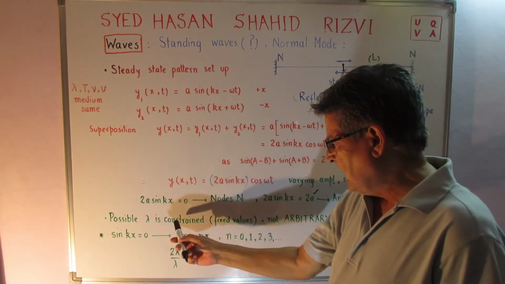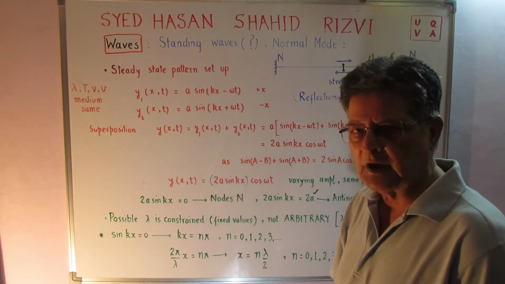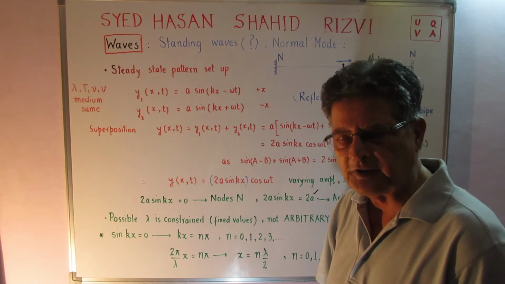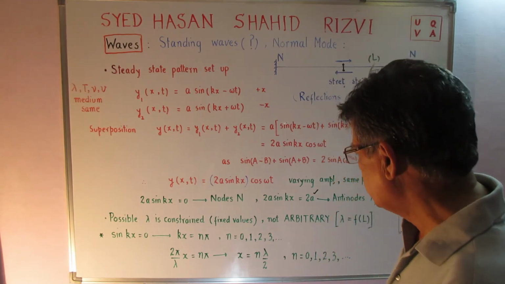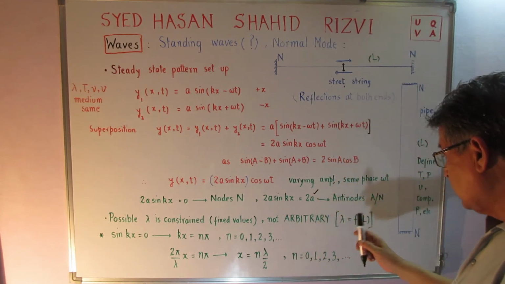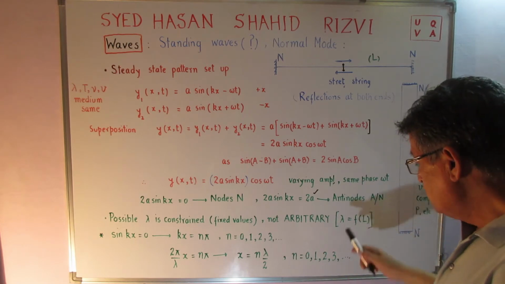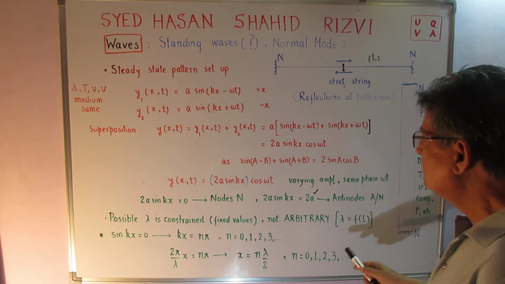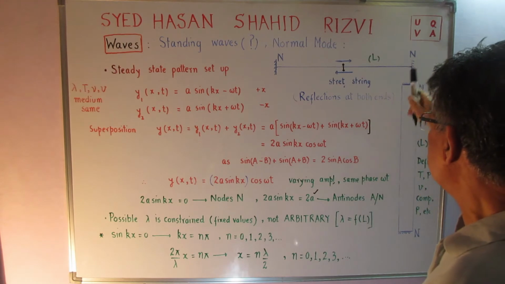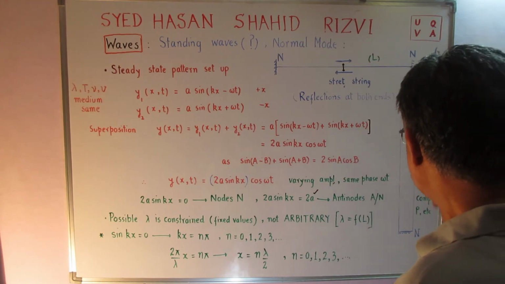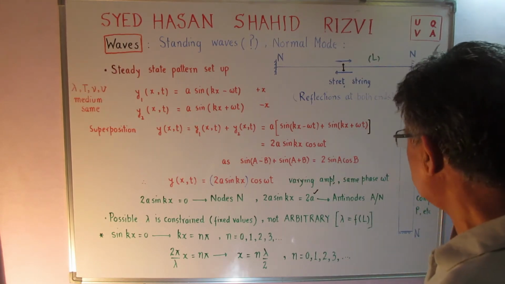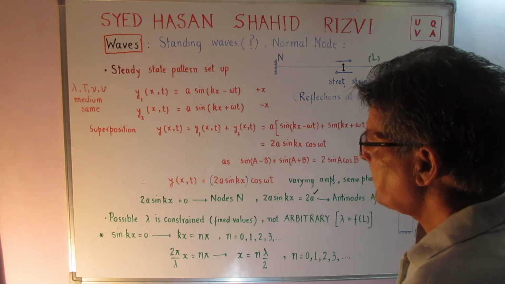The possible wavelength is constrained. That means it has got certain fixed values. Okay. Not arbitrary. And the lambda, the wavelength, is a function of the length of the string or the length of the pipe. Okay, we have taken it as a matter.